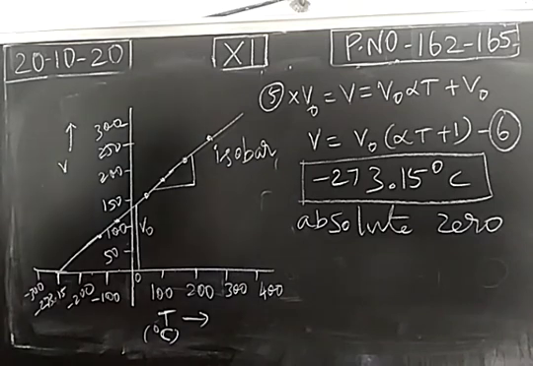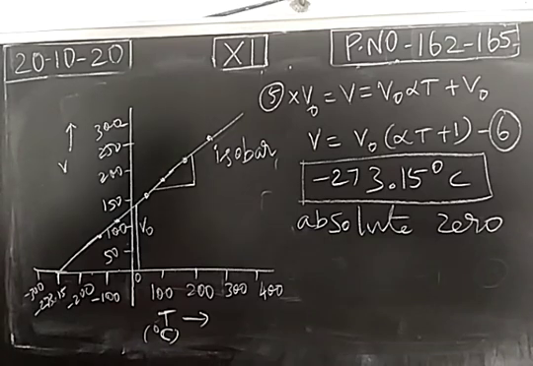The temperature is denoted as absolute zero. So Charles found the coefficient of expansion. When temperature increases, volume increases. For every 1 degree rise of temperature, how much did the volume increase? So Charles related these two.